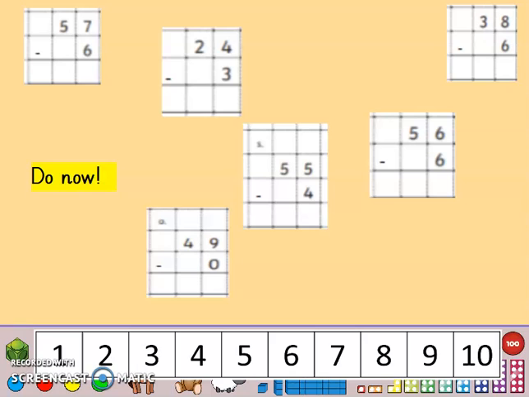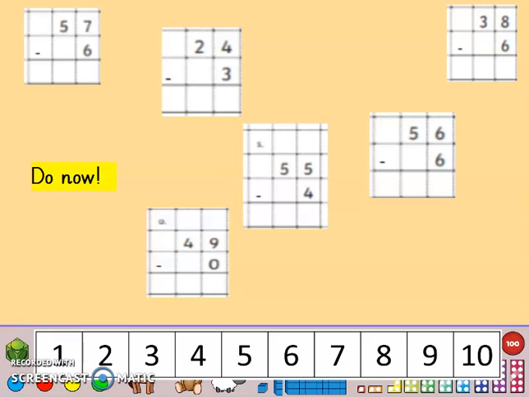Remember, I am not asking you to do really hard sums, because if you are looking at only one column at a time, then we're just doing smaller numbers that we can do on our fingers with our maths objects, or by counting back using a number track or a number line. And don't forget that you can draw your own number lines very easily in your books. You can draw number lines to 10.